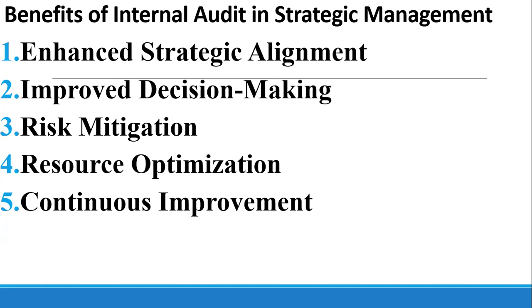The second one is also to improve the decision-making process in the organization. So how do you improve the decision-making process? The outcome of the internal assessment will furnish management and decision makers in the organization with hardcore information or a factual basis on which informed strategic decisions will be contingent.